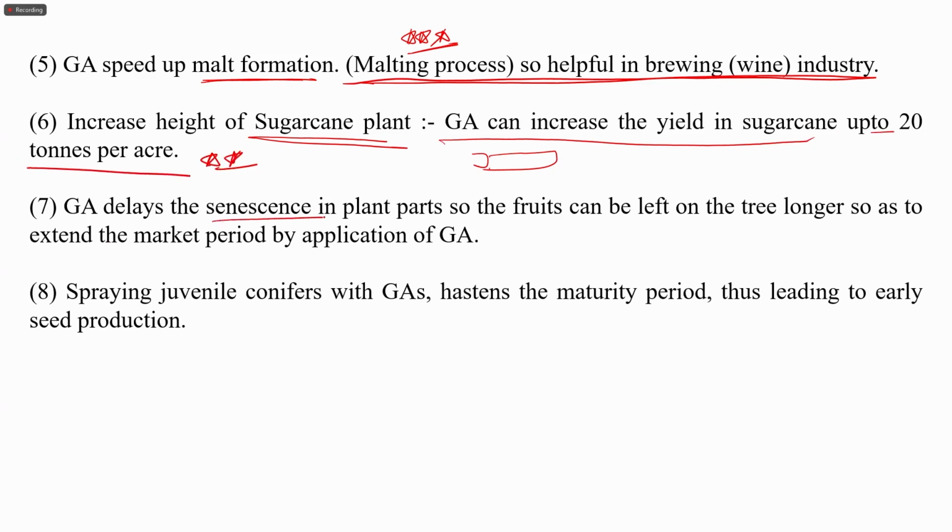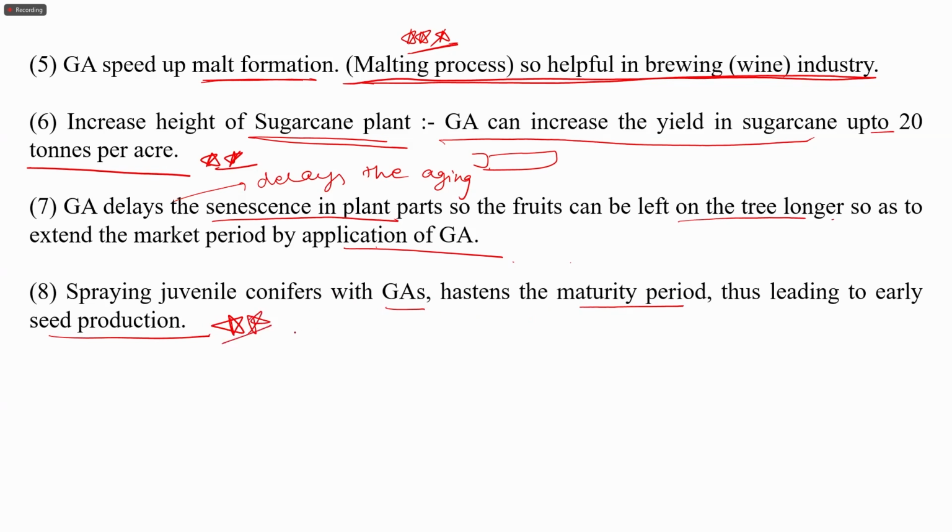GA delays the senescence in plants, that is, it delays aging. So the fruits can be left on the tree longer so as to extend the market period by application of GA. And the next is bringing juvenile conifers to maturity: GA hastens the maturity period, thus leading to early seed production.